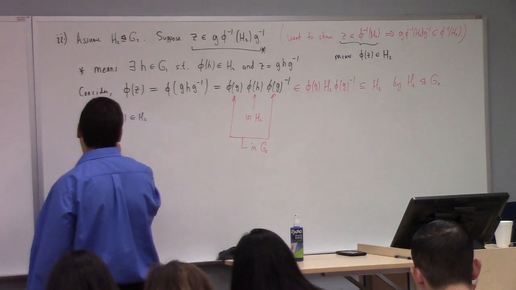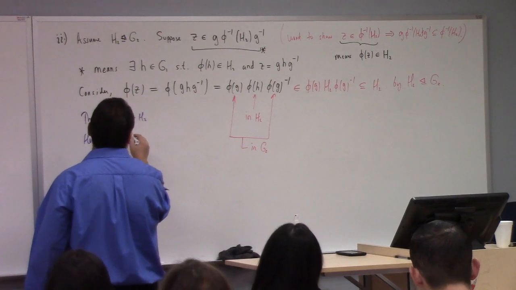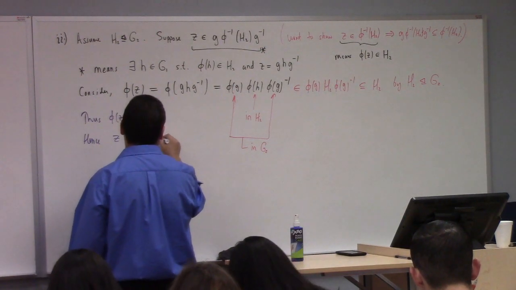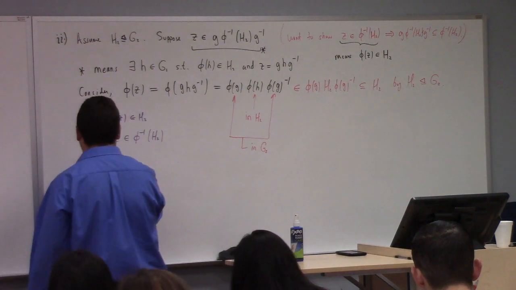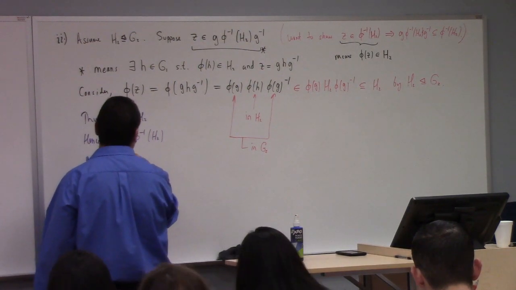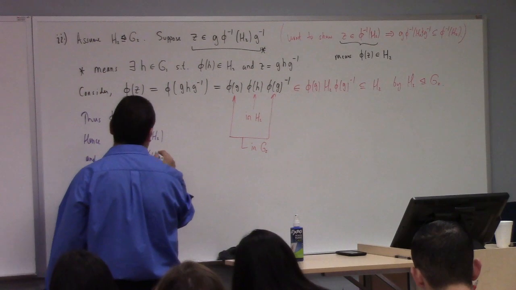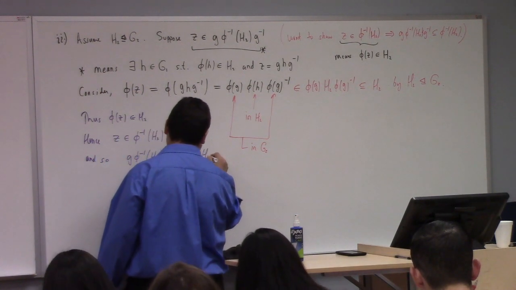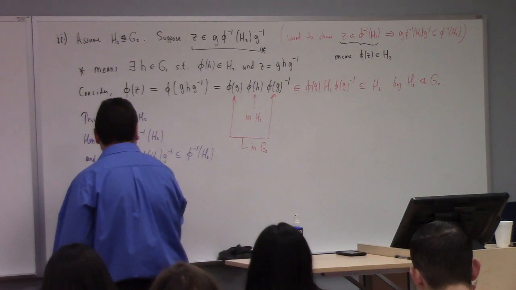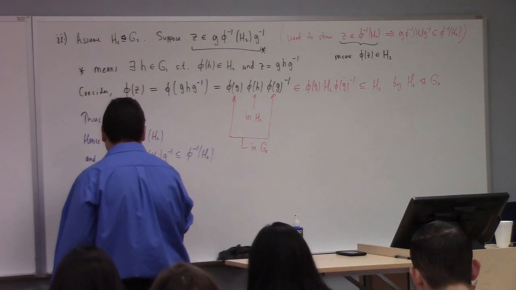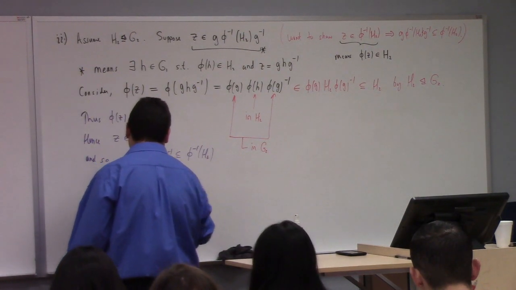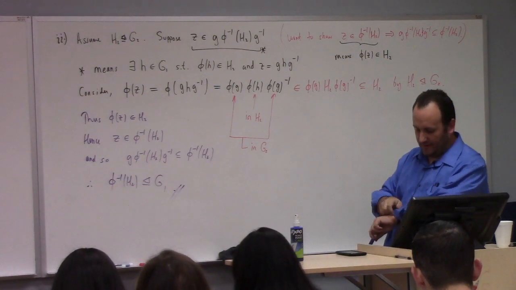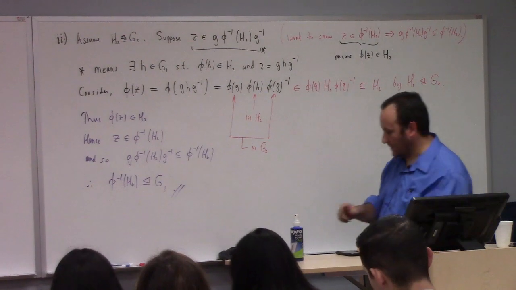Hence, Z is an element of phi inverse of H2, and so g phi inverse of H2 g inverse is a subset of phi inverse of H2. Therefore, phi inverse of H2 is a normal subgroup of G1. All right. Sorry, I think I'm spending too much time on this one. I should probably move along.